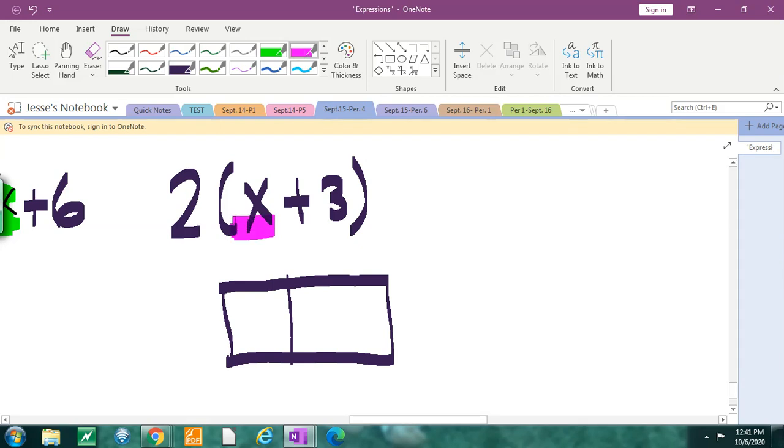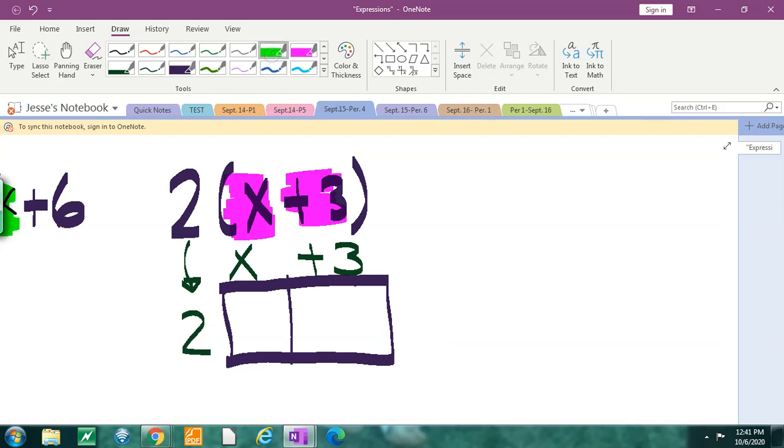Because I need to fill it in for x and then plus 3. So the x and plus 3 need a space. So here's your x. Here's your plus 3. And then what's going to come down? The 2. Okay. So basically what we're doing is we're doing length times width. All right. So your length or the width, doesn't matter, 2 times x. So what's 2 times x?